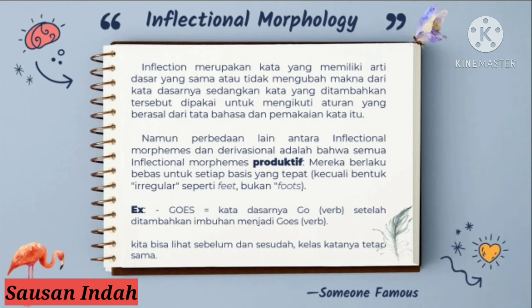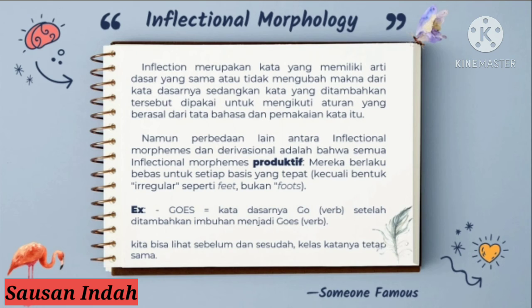Inflectional morphology. Inflection is a word that has the same basic meaning, or does not change the meaning of the root, while the word is used to follow the rules that come from the grammar and usage of the word. Yet another difference between inflectional and derivational is that all inflectional morphemes are productive.